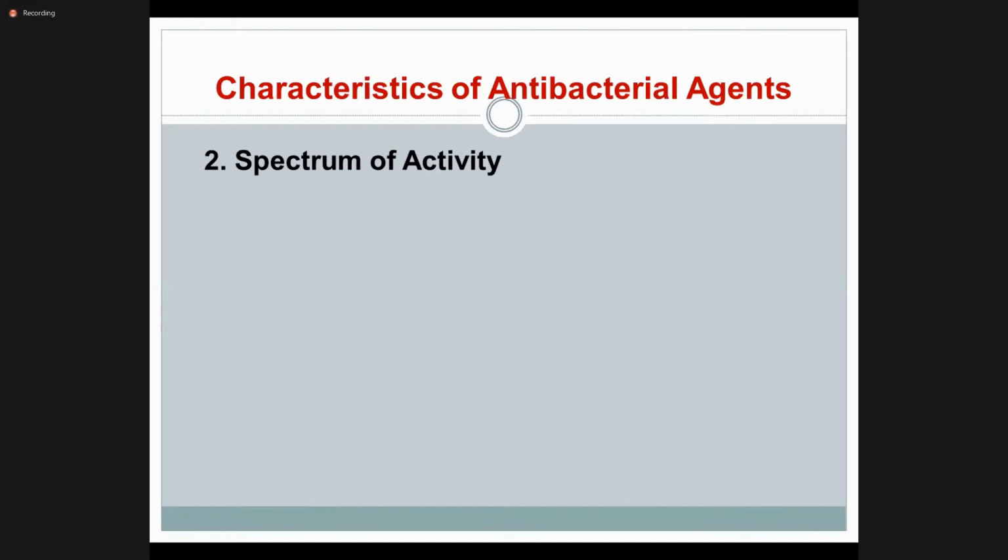Because one important point I want to share with you: ideally it is recommended before starting any antibiotic. This is an important point, so you must focus on it. Before starting any antibiotic, it is mandatory to send the blood for culture and sensitivity test, right?